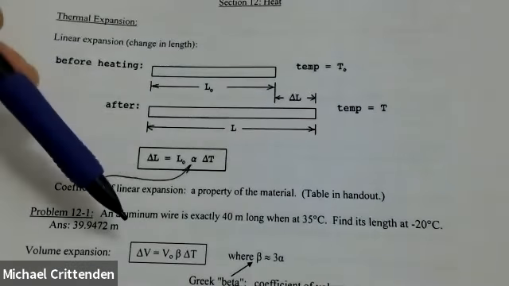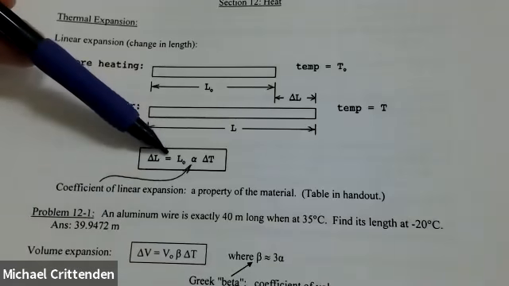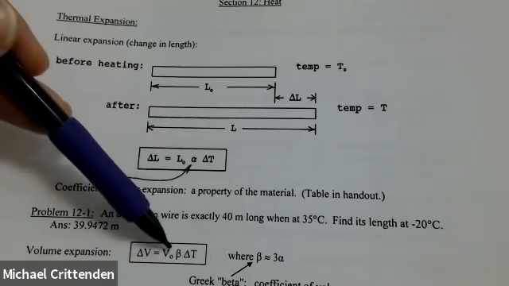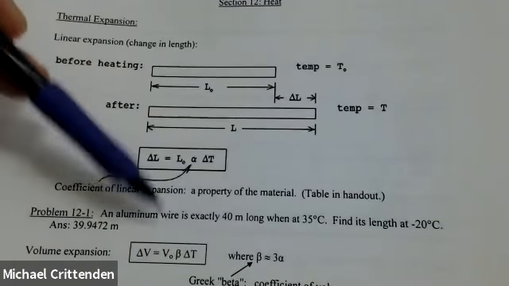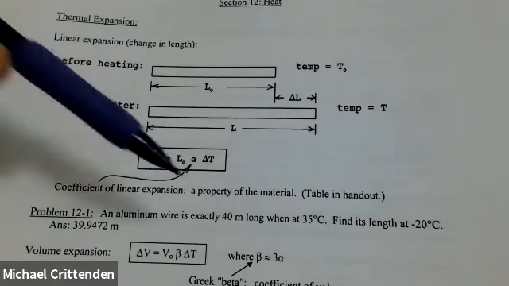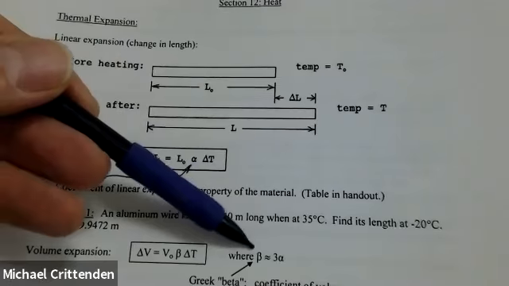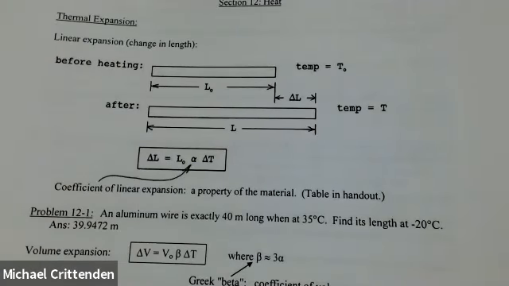Basically, what's going on is here we're talking about 3-dimensional expansion. Here we're talking about 1-dimensional expansion. Well, you get an alpha's worth of expansion in each of these 3 dimensions. And so beta equals 3 alpha. Why introduce another symbol when you could just write 3 alpha? Well, like I said, nobody ever talks about the length of a liquid.